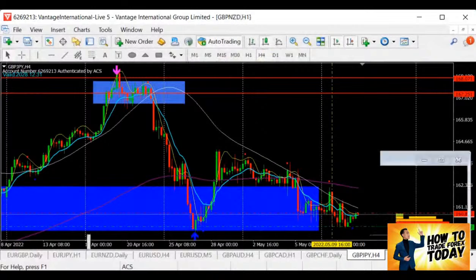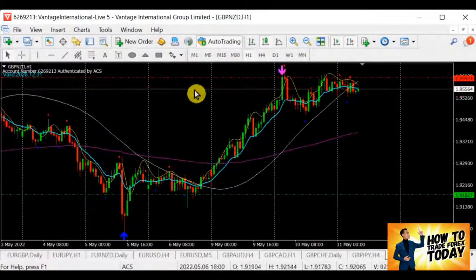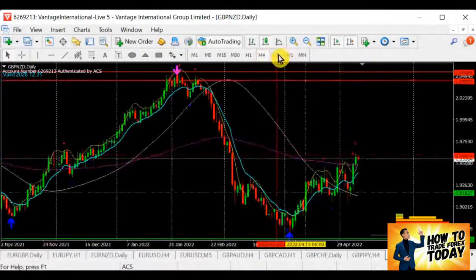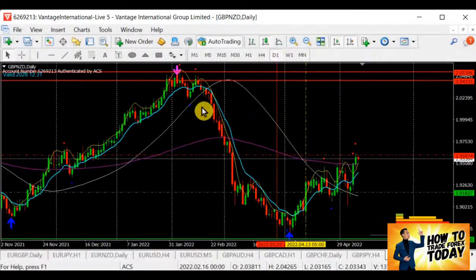All right, now let us move into pound kiwi. Once again, the pound kiwi over here. Let's take a look. We are in the bull.